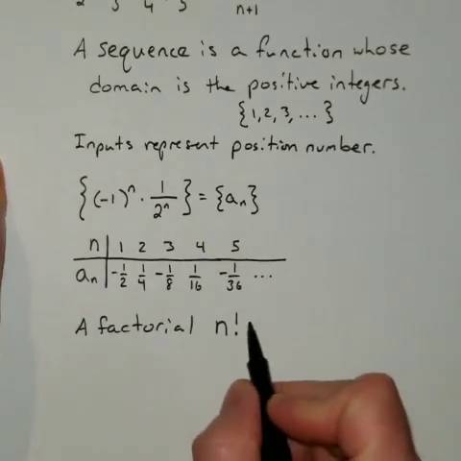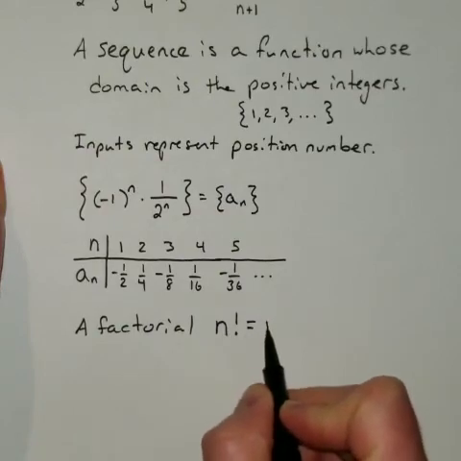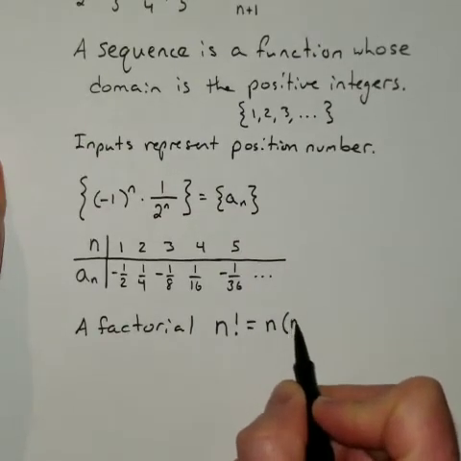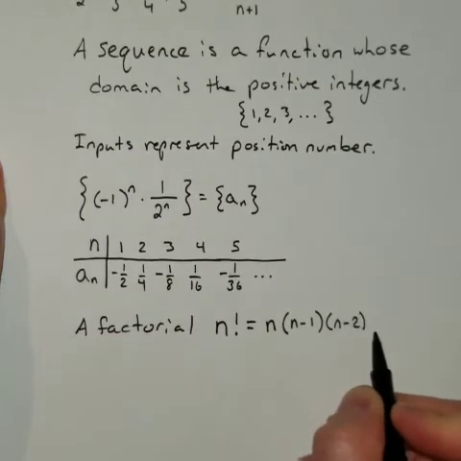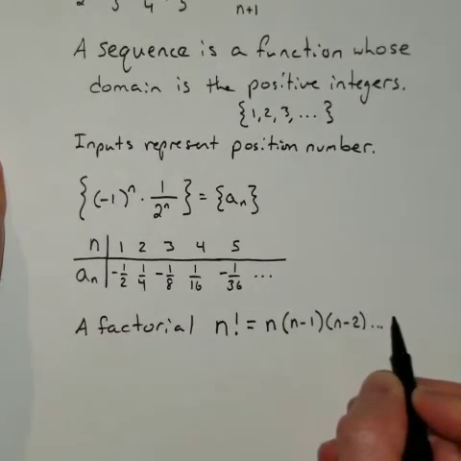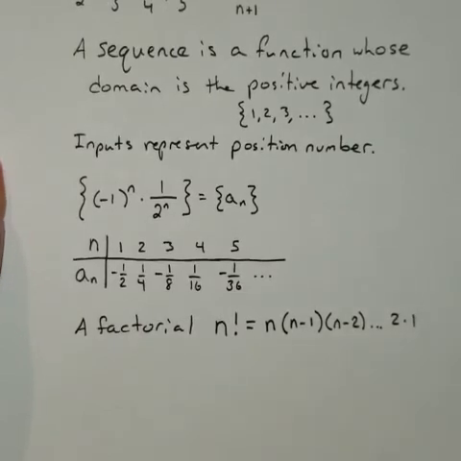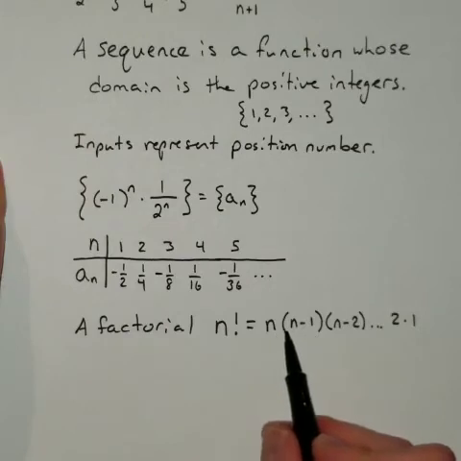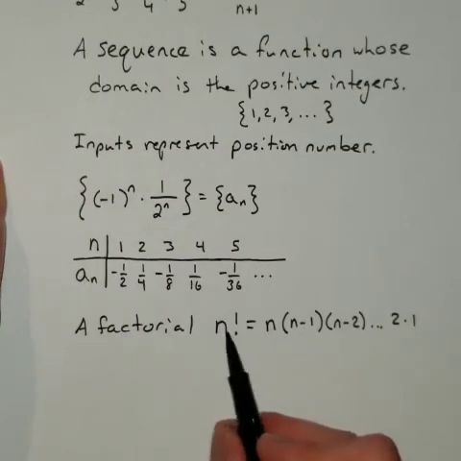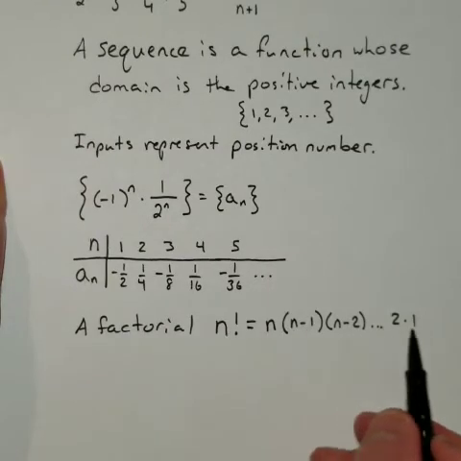What this basically is, is that number multiplied by the number 1 less, multiplied by the number 2 less, all the way down till you get to 2 and 1. So it's every positive integer multiplying all the way down to 1.